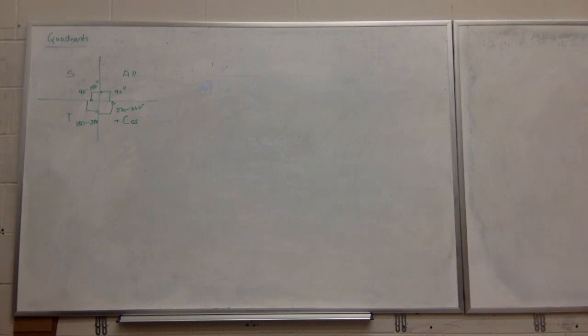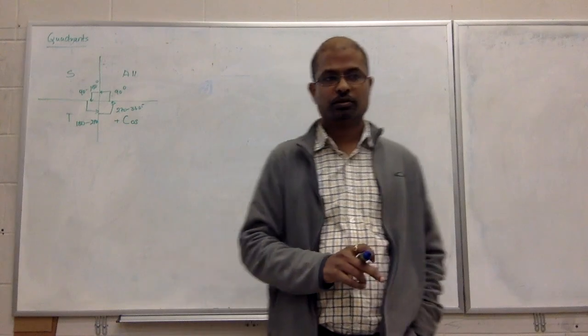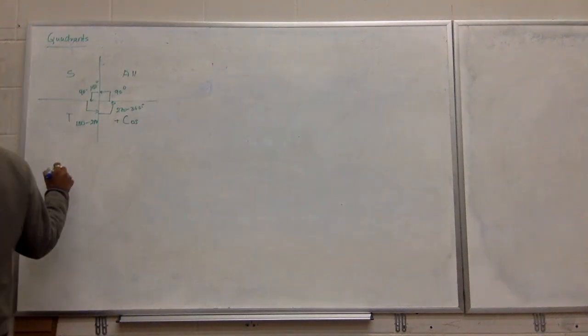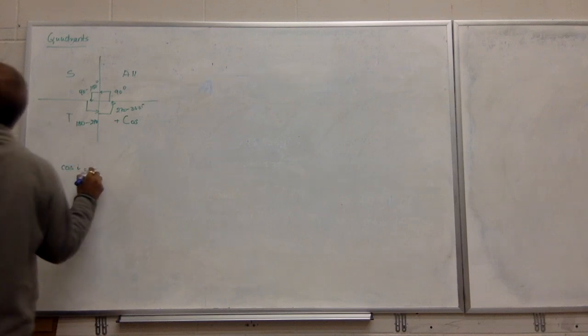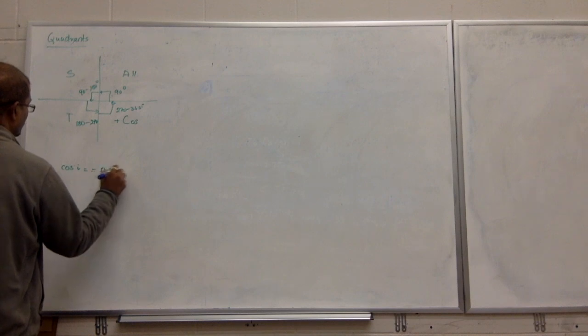But which element will you specifically take? The bottom right. What you do is cosine i equals negative 0.4331.